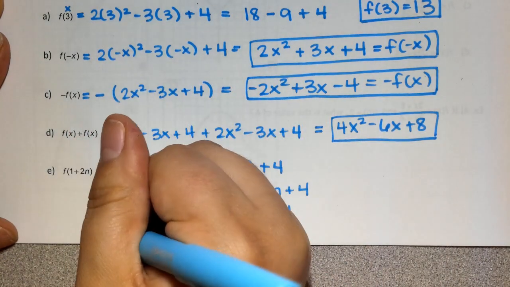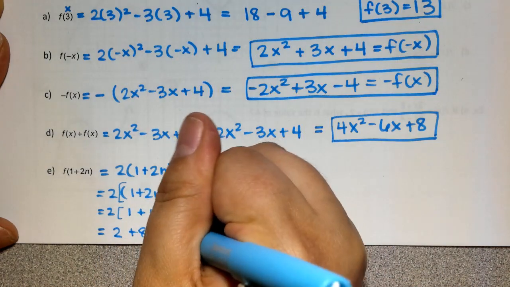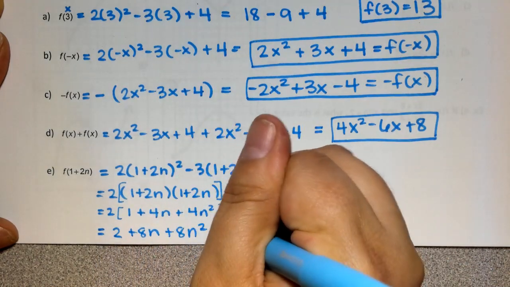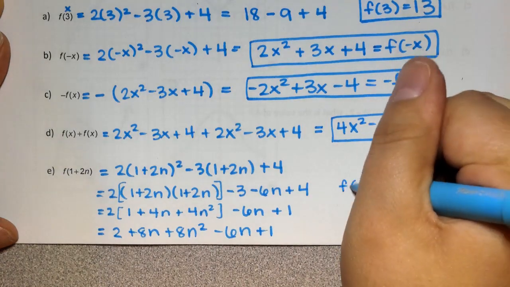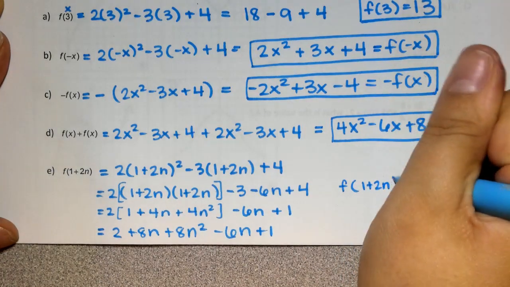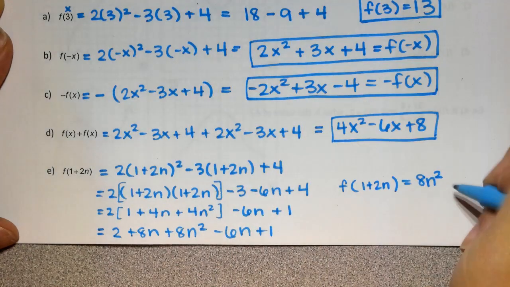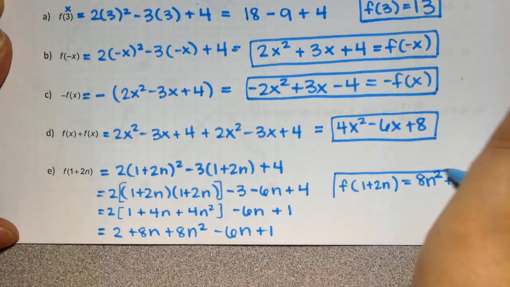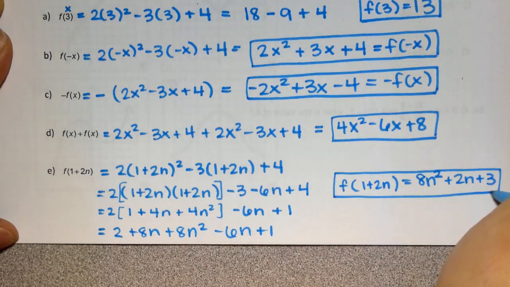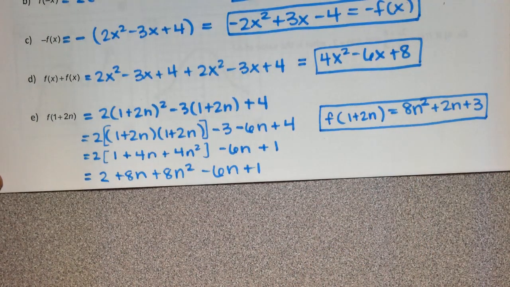This gives me 2 plus 8n plus 8n squared minus 6n plus 1. Combine your like terms, and that is what I get.